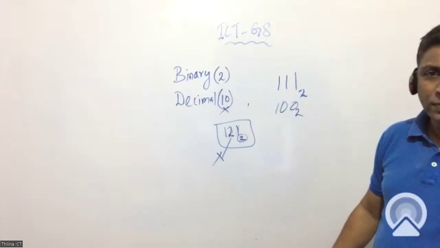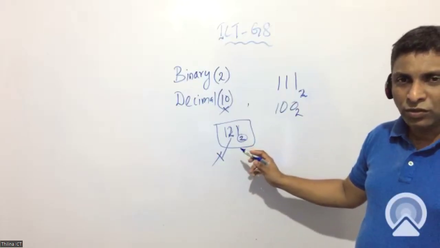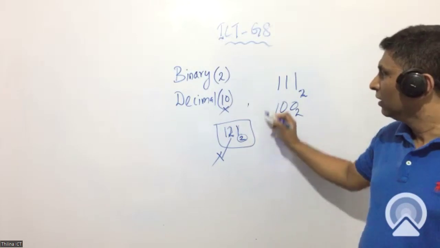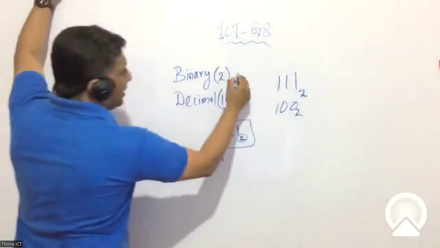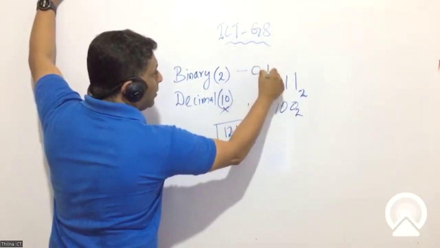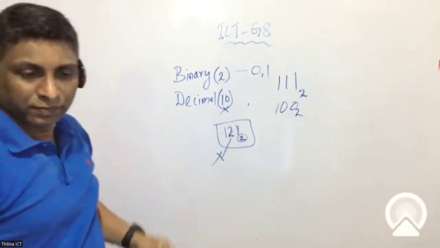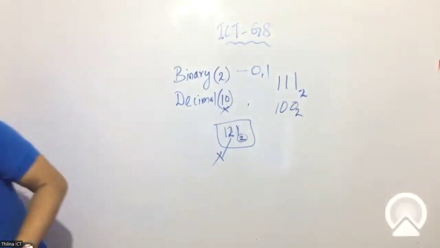Why? Because 2 does not belong to base 2. Binary can have only zeros and ones.